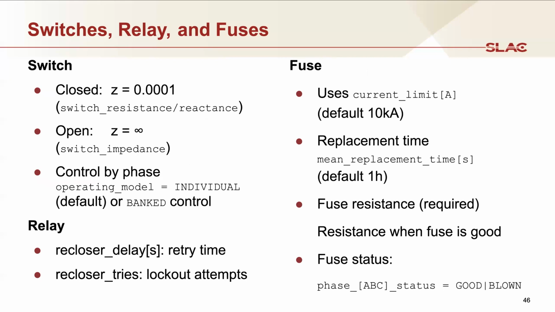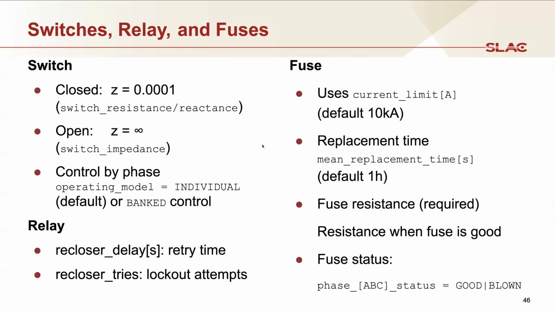For switches, fuses, and relays, these are used to change the topology of the network. And so obviously the main effect of these is a change in impedance. When a switch or relay or fuse is closed, it has some very, very low impedance. And when it's open, it has an infinite impedance.